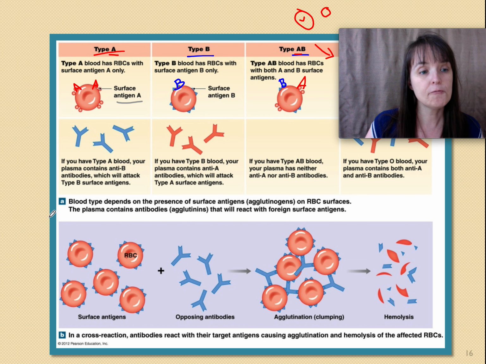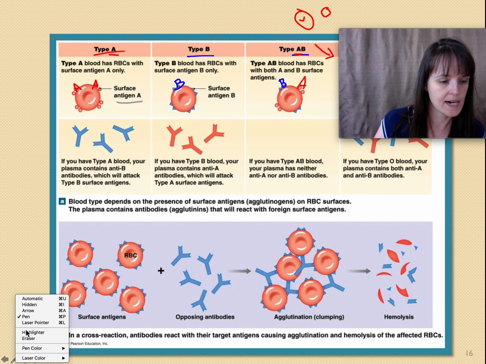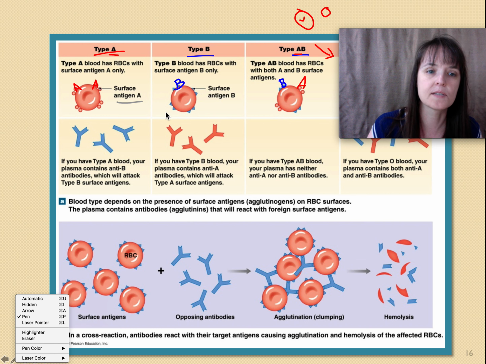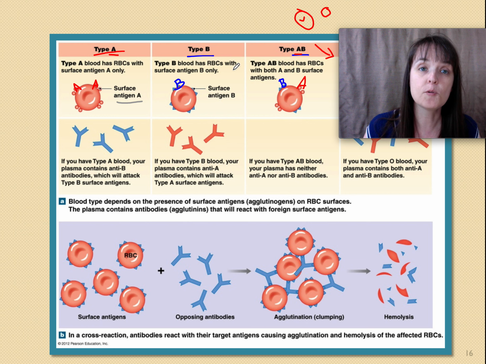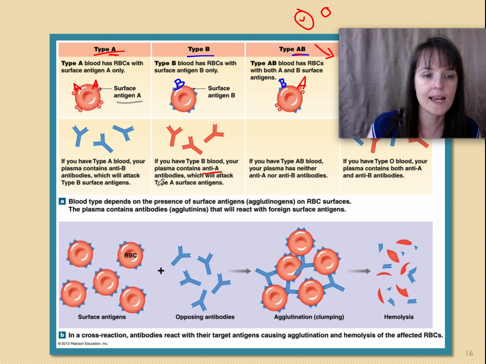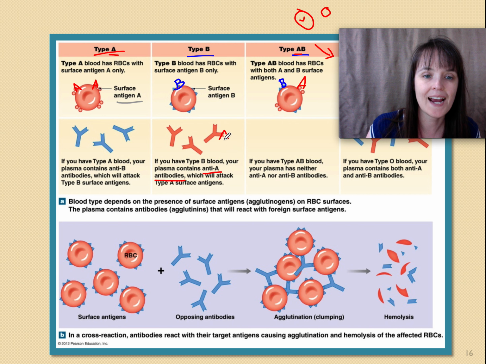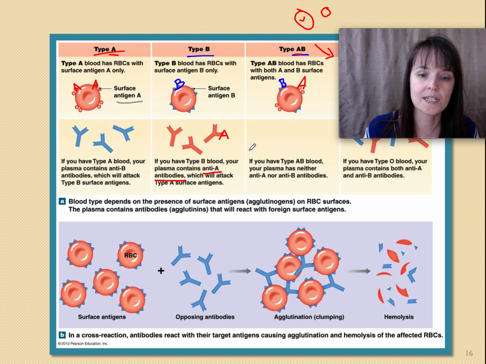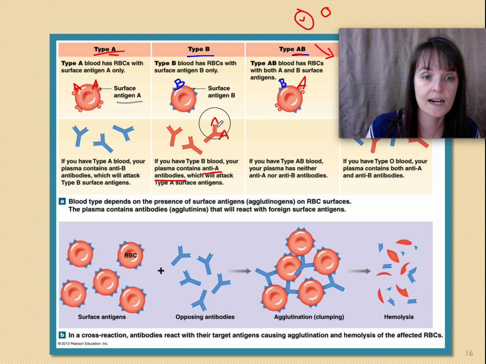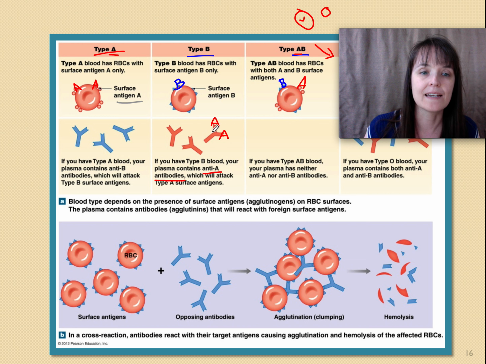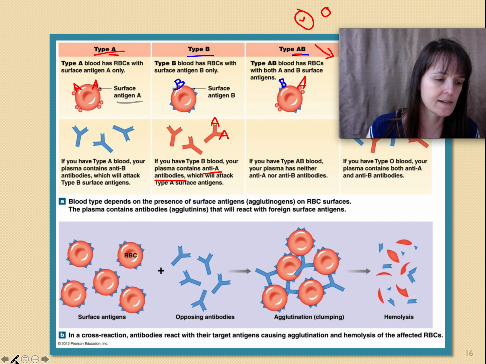If you are born with type B blood, you are born with anti-A antibodies, and antibodies are part of your immune response. They're immunoglobulins. They stick to the type A surface antigens and rip them apart. We see that down here. Let's do the B in blue.